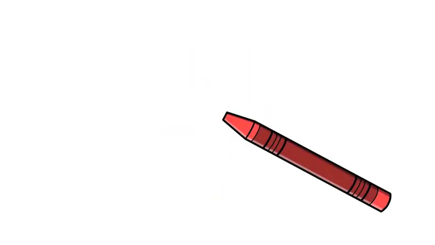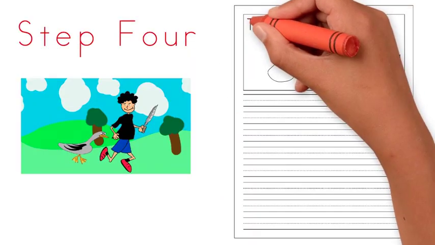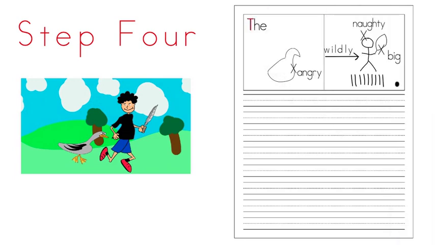Grab your red crayon. Trace the capital T and the period to check that you have a capital and stop in the planning boxes. Good job!